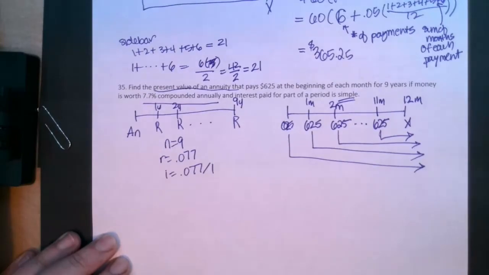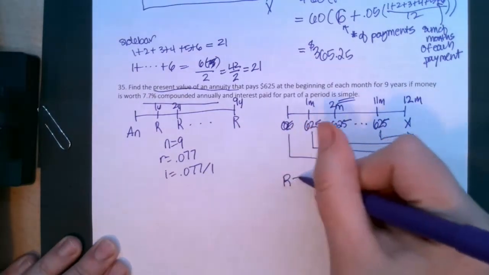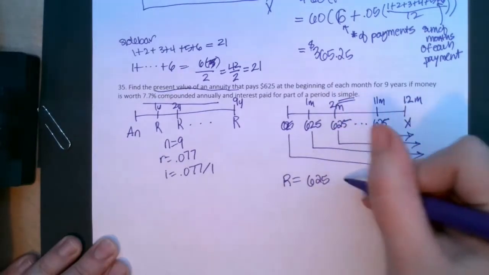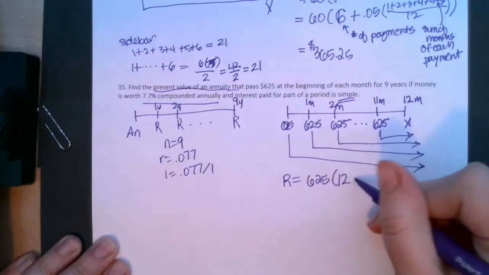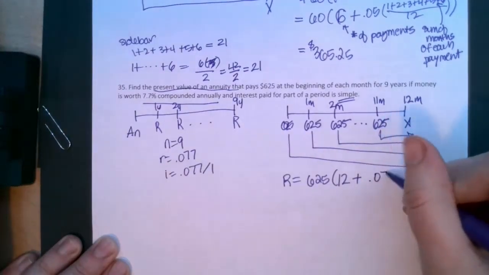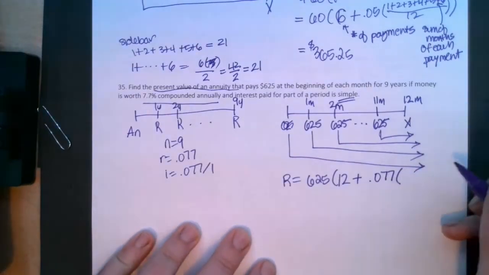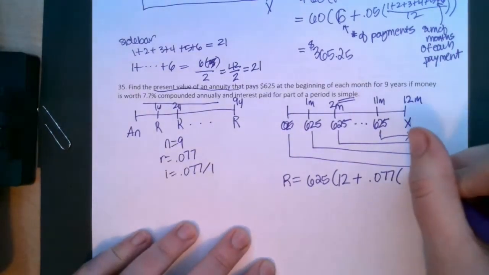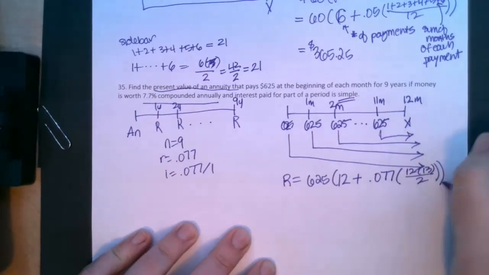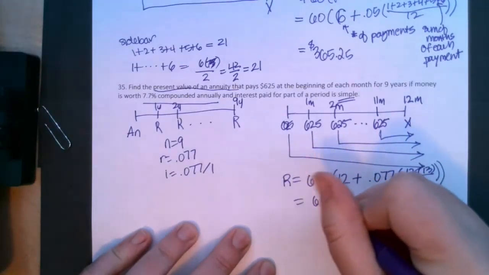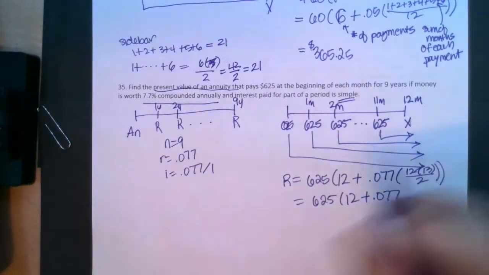Easier version of the formula: R is going to be 625 times, we're going to make 12 payments total, plus 0.077 times 1 plus 2 plus 3 plus 4 all the way to the 12. So it's going to be 12 times 13 over 2 using that summation formula. So 625 times 12 plus 0.077.